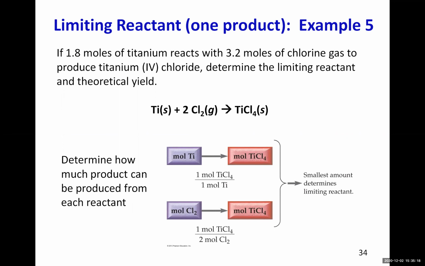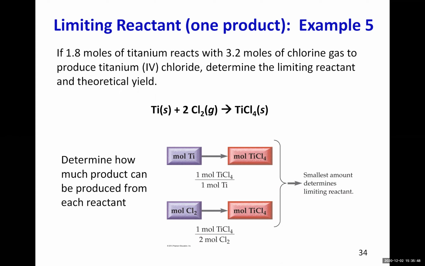So here, from the 1.8 moles of titanium, you use the fact that you will make 1 molecule of titanium 4 chloride when you have 1 mole of the titanium. So there is a ratio of 1 to 1 between the compound and the titanium. So that will allow you to calculate the amount of titanium chloride that you can make.